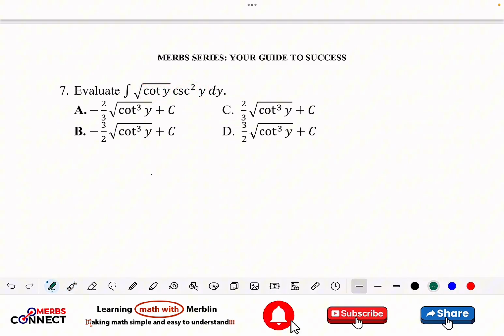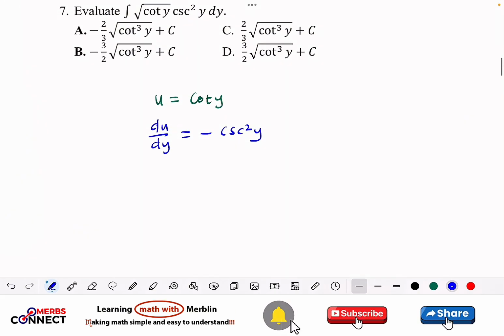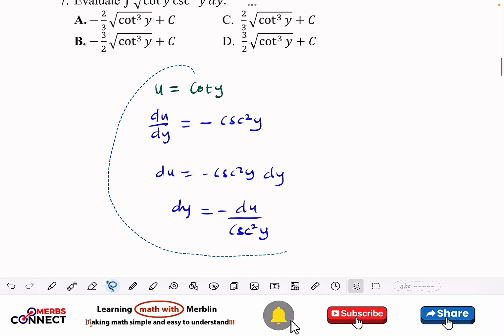So I'll choose u to be equal to cotangent of y, so that when I differentiate u with respect to y, I'm going to have minus cosecant squared y. Then I'll make dy the subject. So dy will be equal to minus du divided by cosecant squared of y.